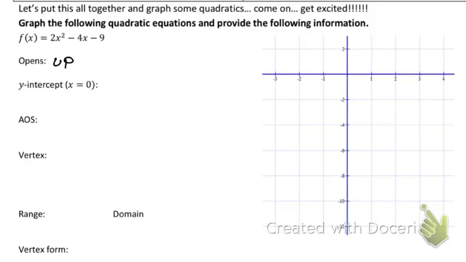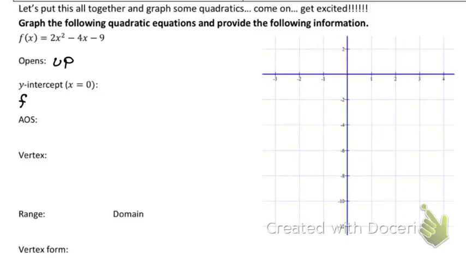Here's something we didn't talk about, but it's always nice with quadratics, is finding your y-intercept. That is that point that goes through our y-axis. And our y-axis is wherever x equals 0. So to find our y-intercept of a quadratic function, you just have to plug 0 in for all your x values.